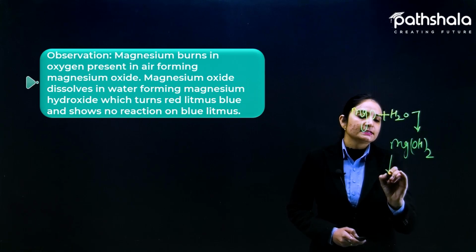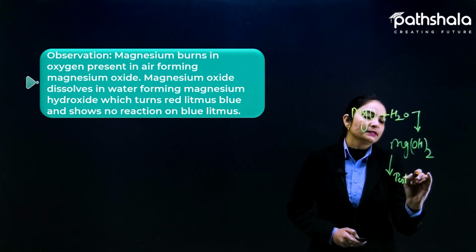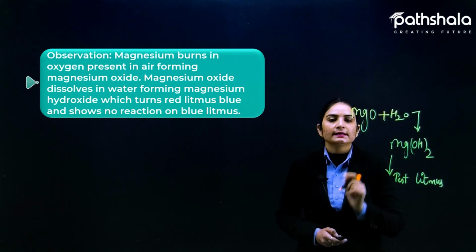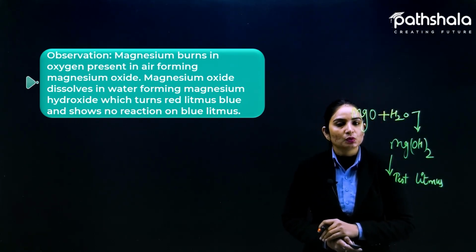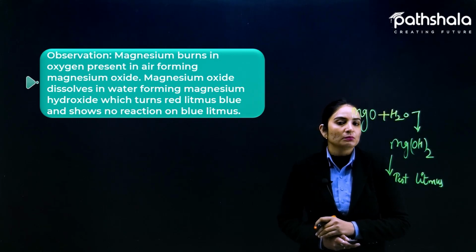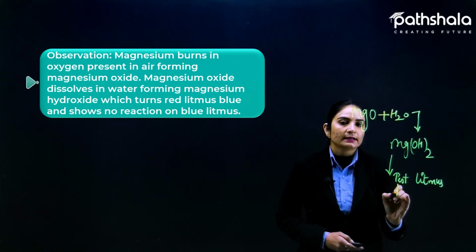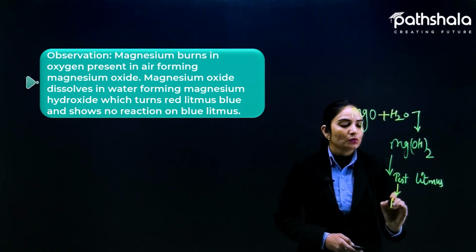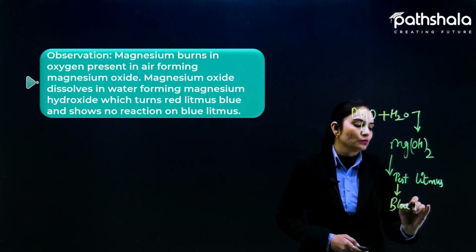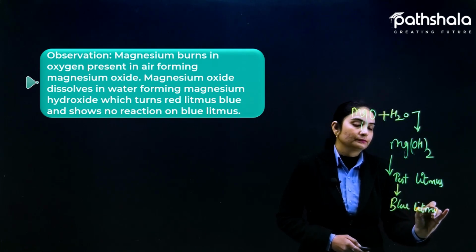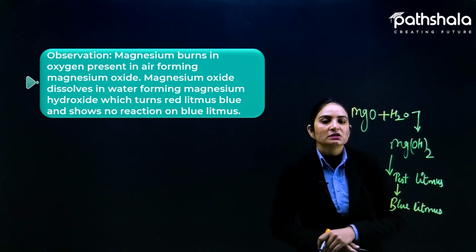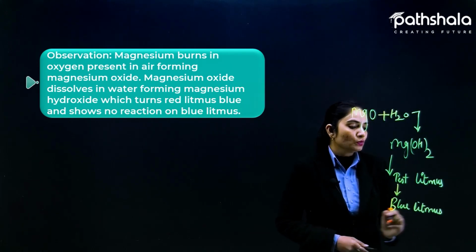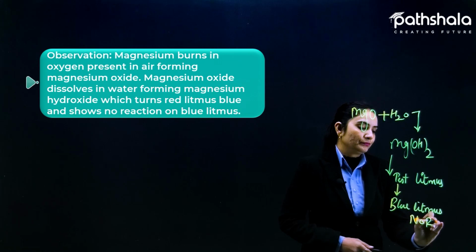And when we are testing this with litmus paper, you can see in the last line, which turns red litmus blue and shows no reaction on blue litmus. It turned red litmus blue, but it did not turn blue litmus red. So magnesium hydroxide turns red litmus blue and shows no reaction on blue litmus.